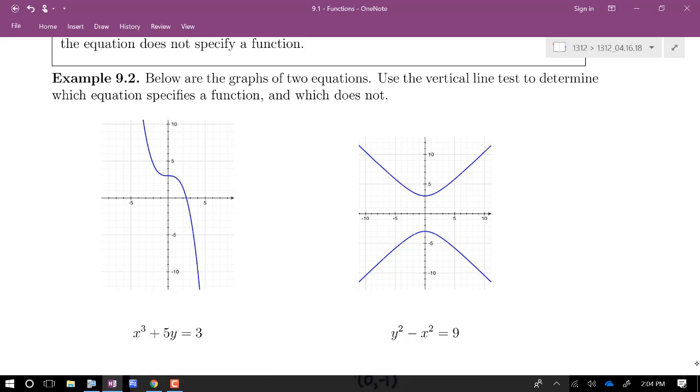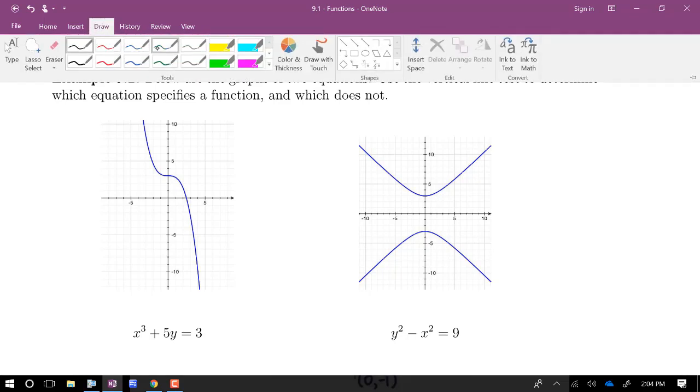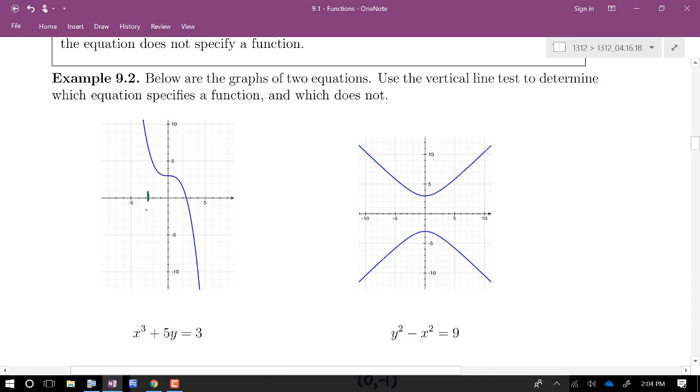If I pick any x value, like maybe this one right here, about -2, there is only one y that corresponds to it on the curve.